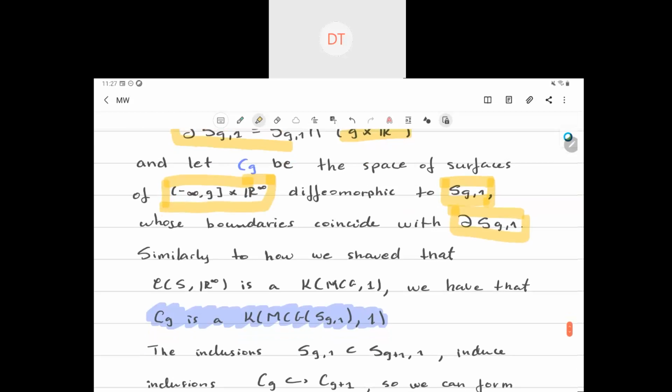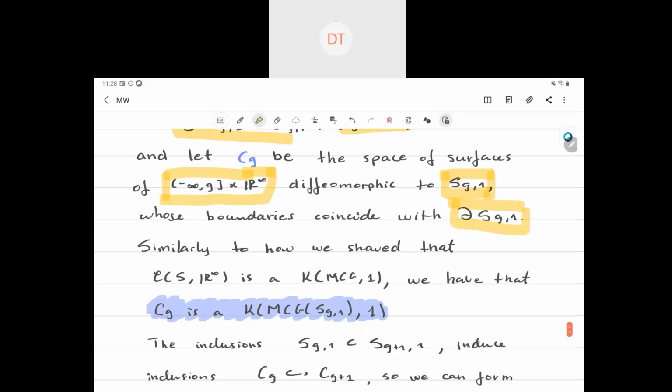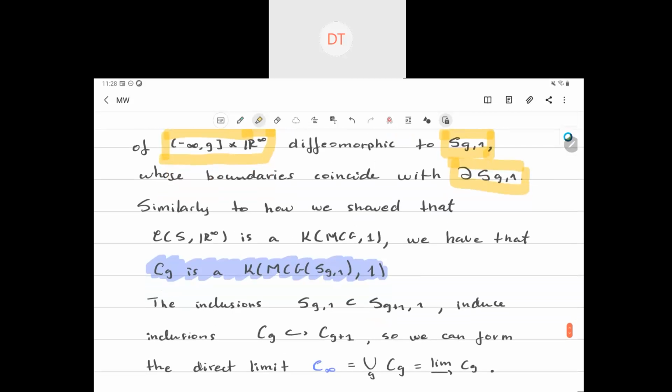I claimed that we wanted to replace this C_S R infinity with something better, this amalgam of S_G,1s, of possible embeddings of S into R infinity.